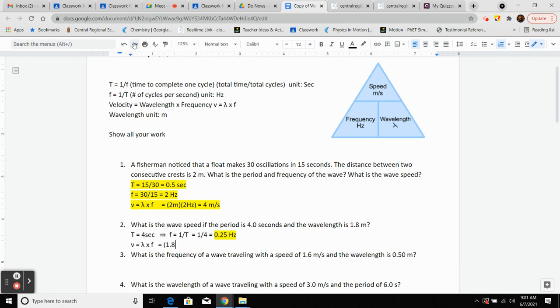So I'm going to just type in my values now. 1.8 meters times 0.25 hertz. And that comes out to be 0.45. And the unit for speed again? Meters per second.